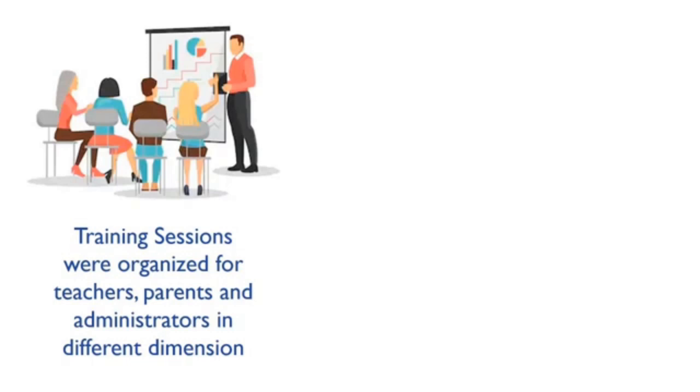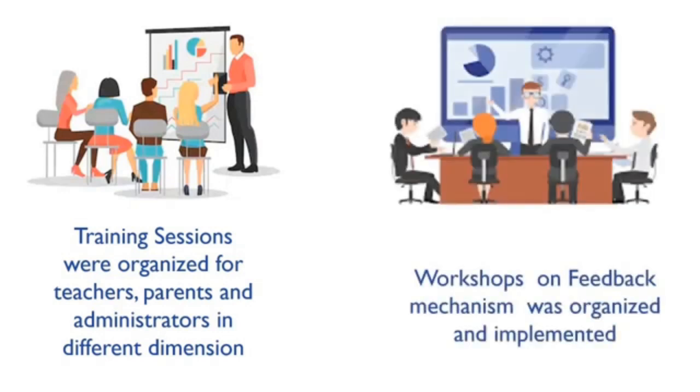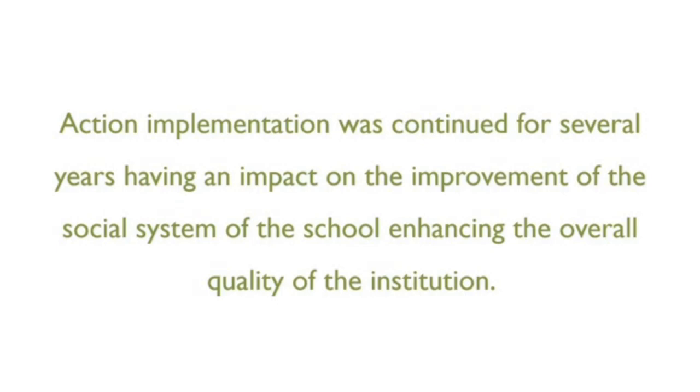Training sessions were organized for teachers, parents, and administrators in different dimensions. Workshops on feedback mechanism were organized and implemented. Action implementation was continued for several years, having an impact on the improvement of the social system of the school, enhancing the overall quality of the institution.